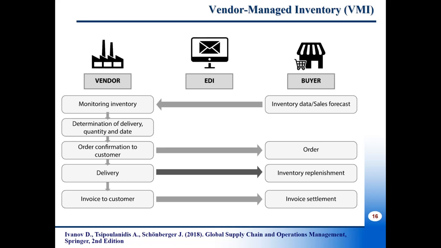Afterwards, the vendor confirms the order to the buyer, where the buyer needs to agree on the order quantity and the date set by the vendor. The delivery of the order by the vendor will replenish the inventory of the buyer. Finally, the vendor issues an invoice to the buyer and the buyer will settle the invoice.